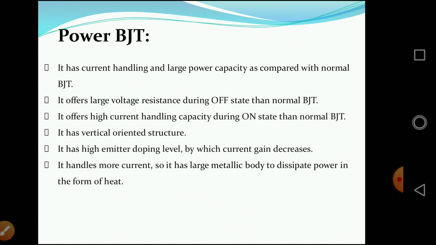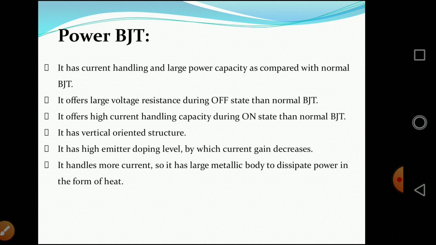Fourth, the power BJT has a vertically oriented structure. Normal BJTs have a horizontal structure with horizontal layers, but the power BJT has a vertical structure. Due to this vertical structure, the emitter doping level is high, by which current gain decreases, and it handles more current.